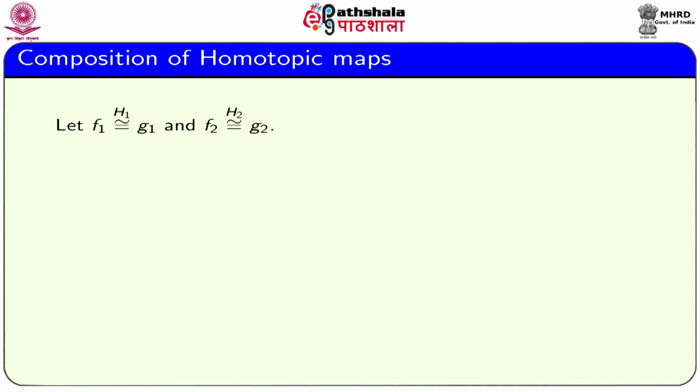Suppose f1 and g1 are homotopic by the homotopy H1, and f2 and g2 are homotopic by the homotopy H2. Then we have this nice diagram.